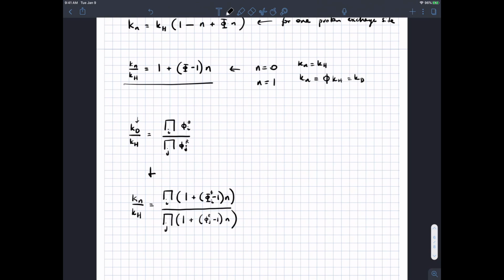The derivation here, and let me tell you, the jump from here to here is unclear to me. And so there's a little bit more reading that I want to do.